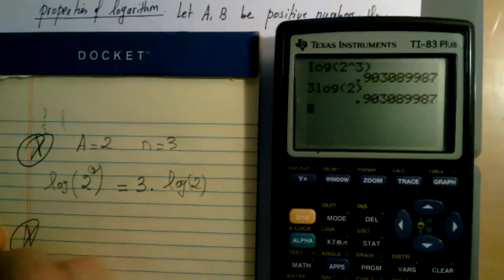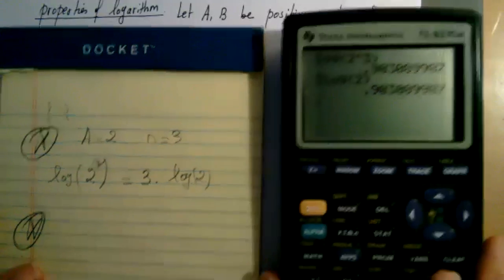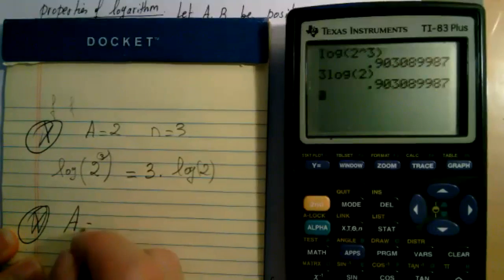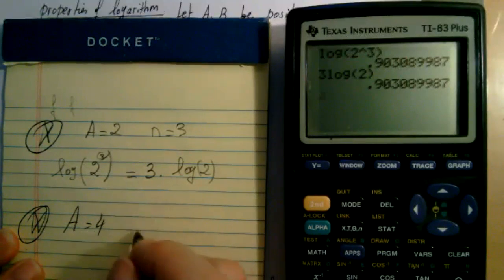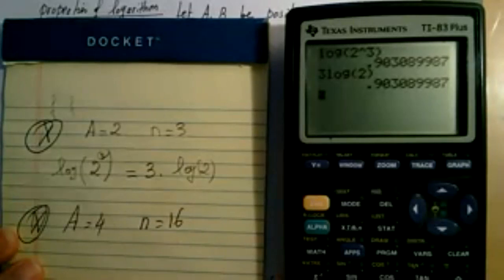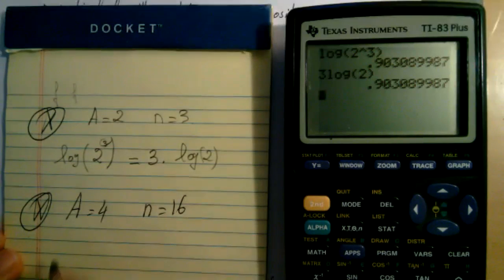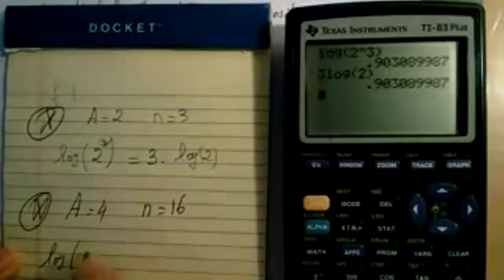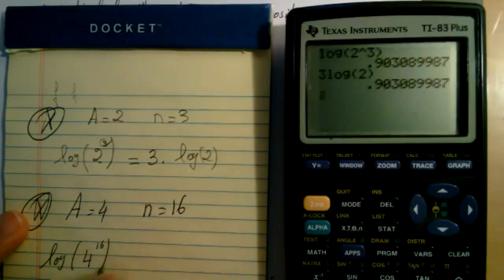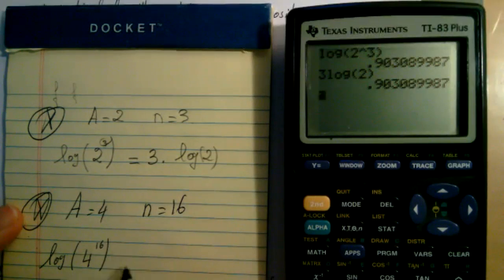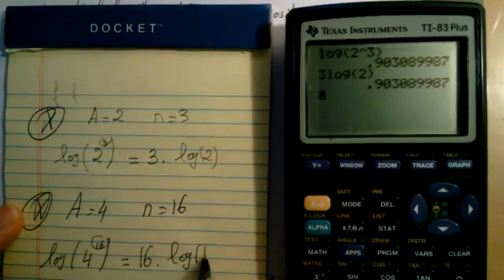So let me try another number. Suppose I take A to be, I don't know, 4, N to be 16. What the second property tells me is that if I take the log of 4 to the power 16, it's the same thing as 16 times the log of 4.